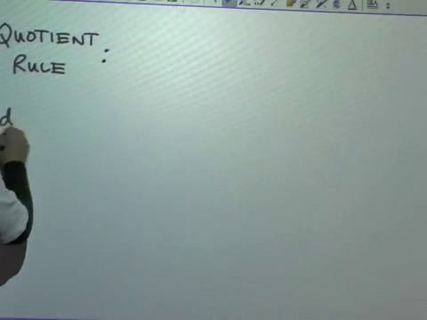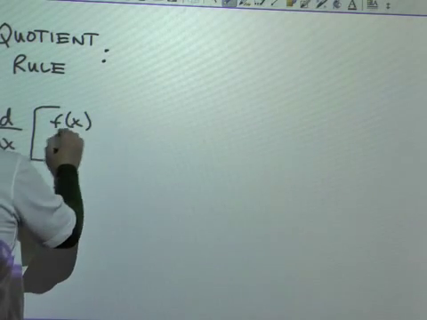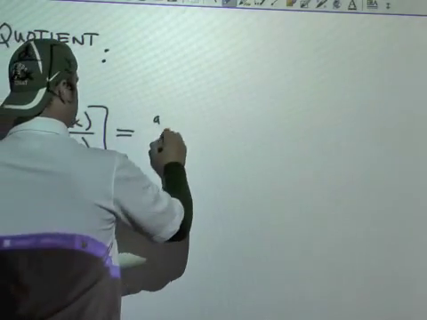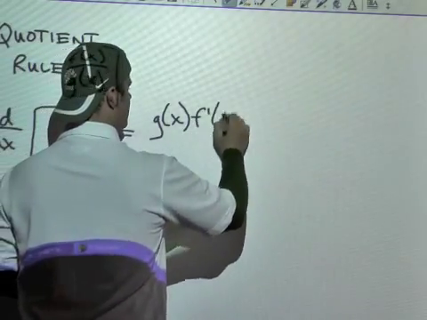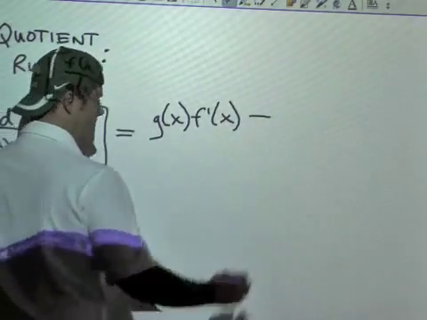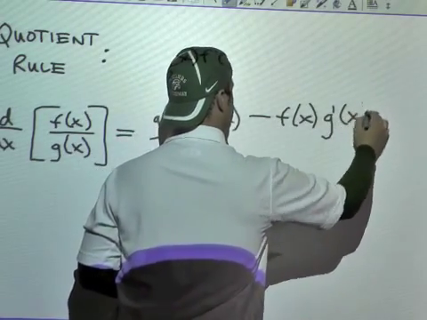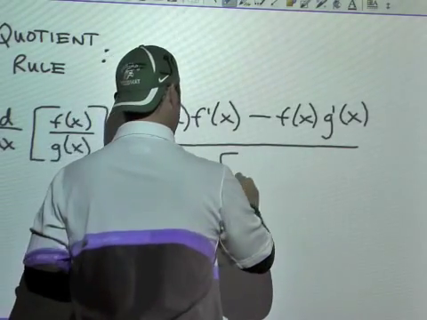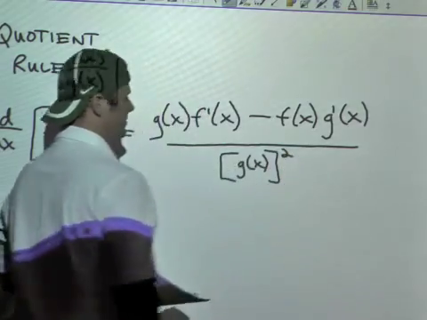The derivative of, let's say, f of x divided by g of x turns out to be g of x times f prime of x minus f of x times g prime of x all over g of x quantity squared.